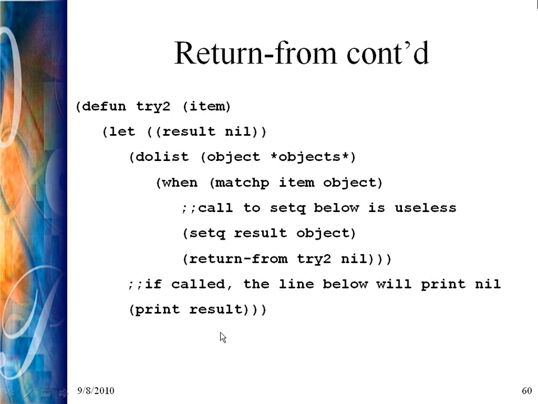So what this function will do is that if it finds a match, it will return nil, and if it doesn't find a match, it will print nil and return nil. So you'll actually be able to distinguish between finding item and not finding item, but you won't be able to tell which object in this list the item was.